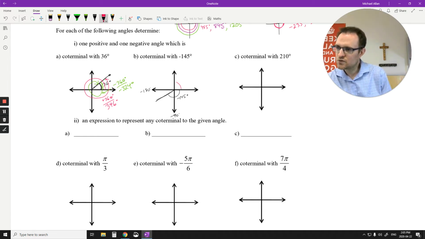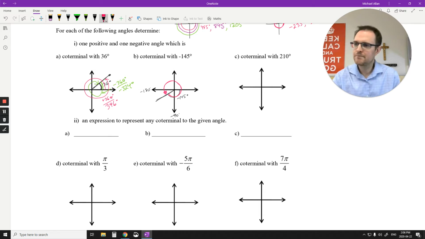And this would be one of my coterminal angles, which would be the same as going from here and backing it up all the way to here. So you're going to go to negative 145. I'm going to add 360. If I add 360, I get 215 degrees.